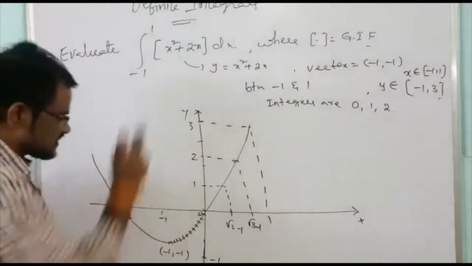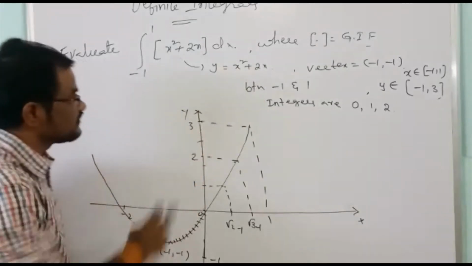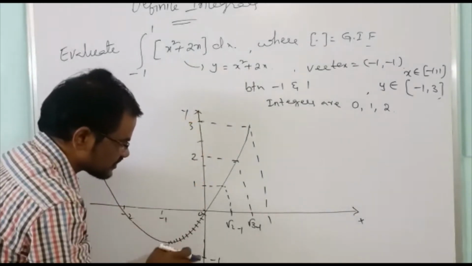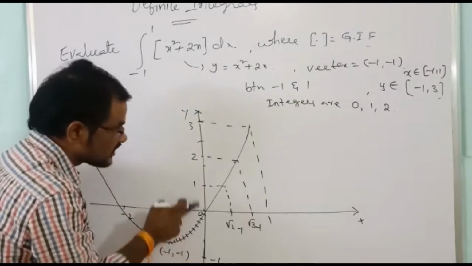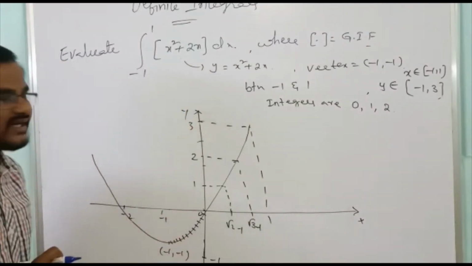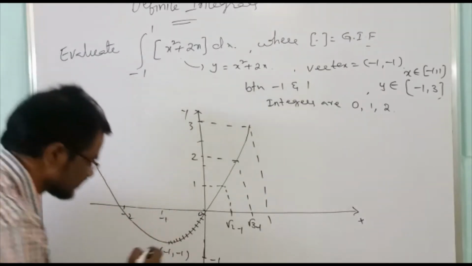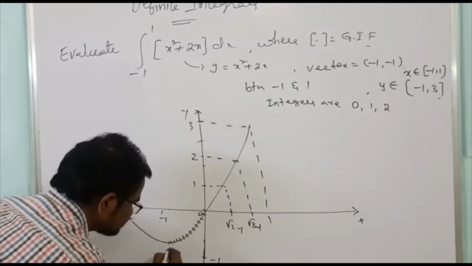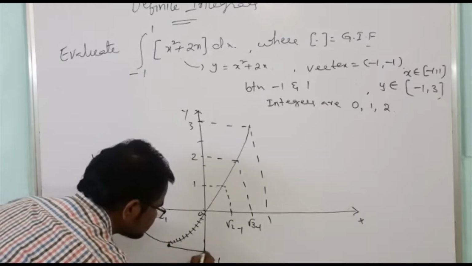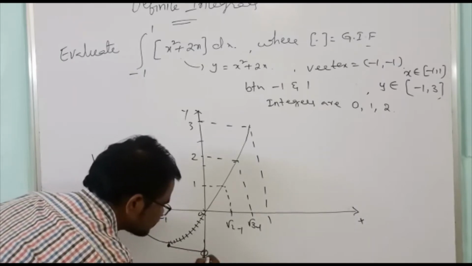The greatest integer means y is x square plus 2x, and this value varies from -1 to 0. The greatest integer of a value between -1 and 0 is -1. So like this you will get.